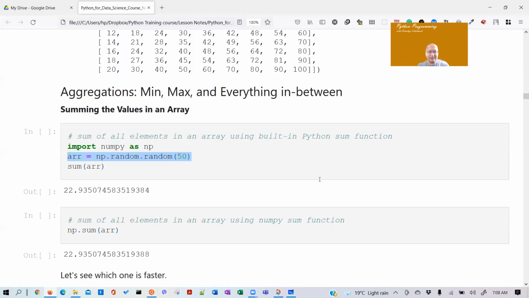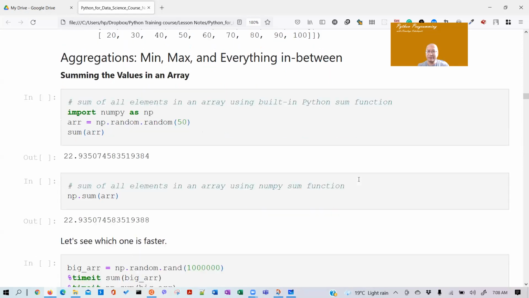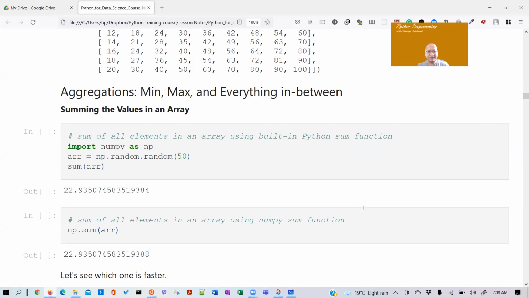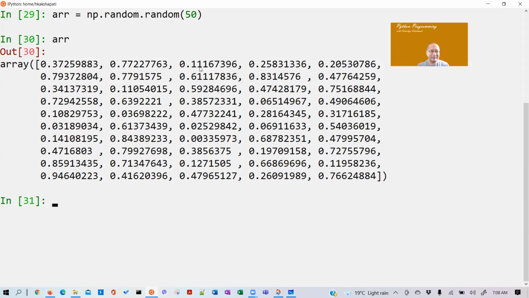Did I explain the uniform distribution or normal distribution? Anyway, it's coming from the uniform distribution, from 0 to 1.